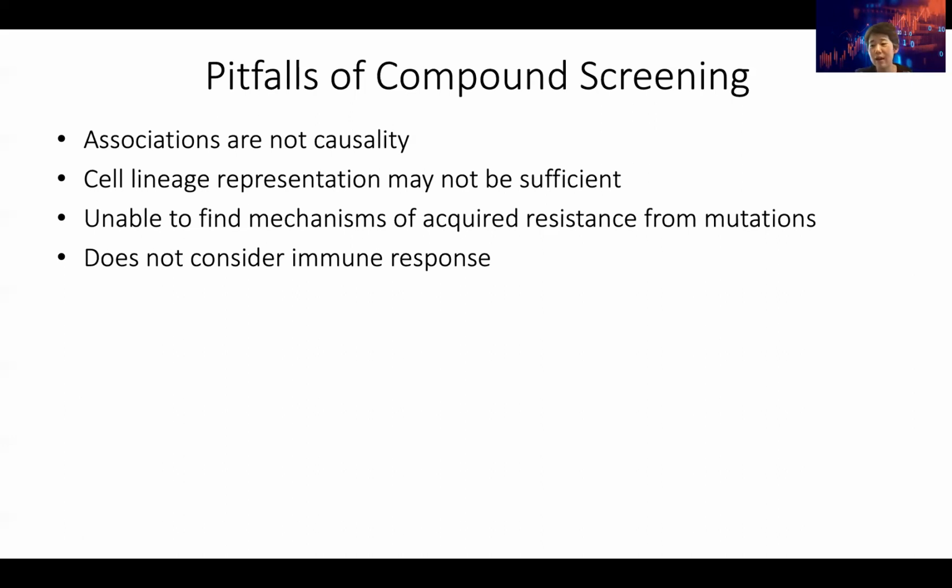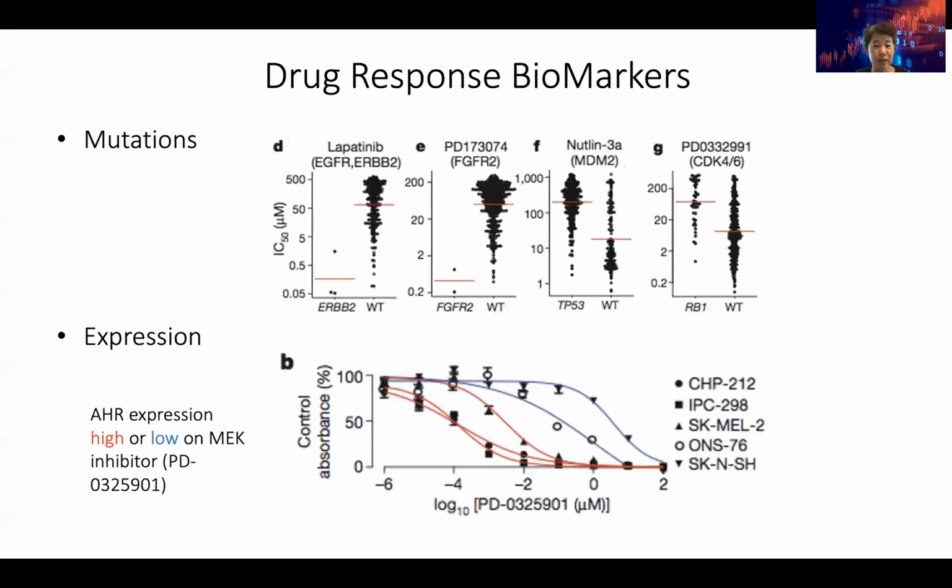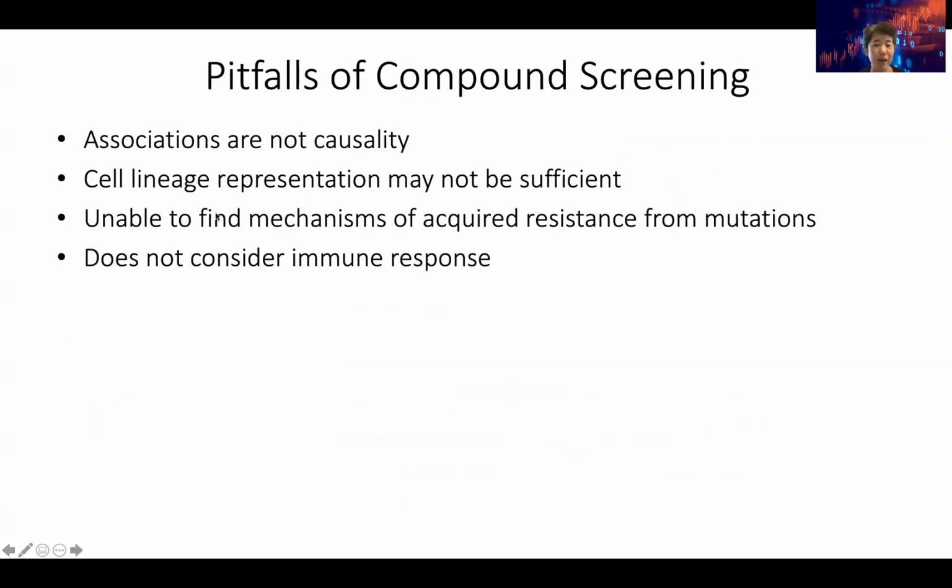Even with 1,000 cell lines, sometimes you still don't get a good enough representation. For example, for the FGFR mutation, out of hundreds of cell lines, there are only 2 that are mutated. If you only have 1, you cannot even be confident that this is a real mechanism.